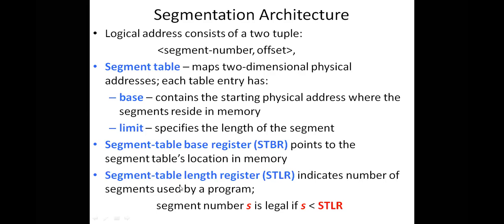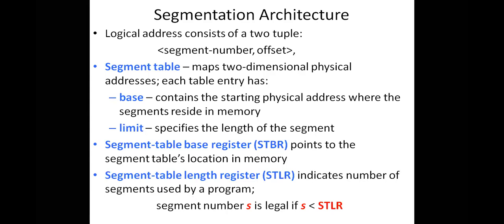Like that, segment table length register. Earlier we had the page table length register. The page table length register is used to tell us the length of a page table. The segment table length register indicates the length of the segment table, that is, the number of segments used by a program.